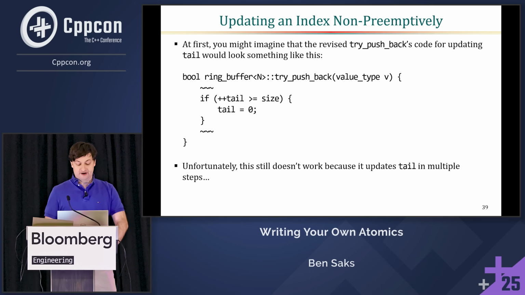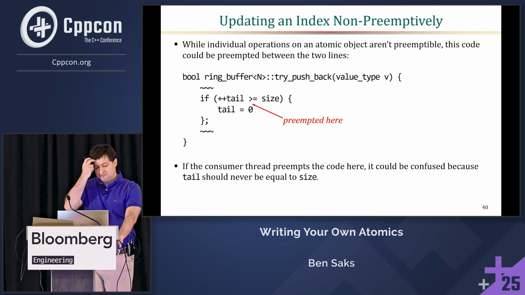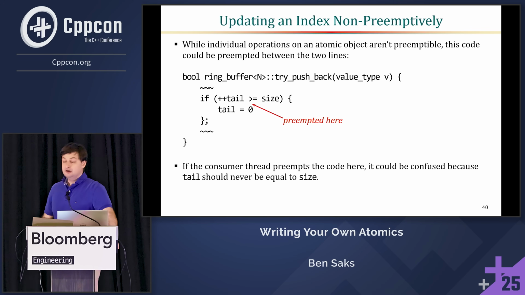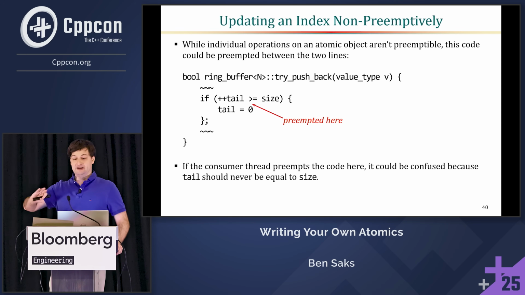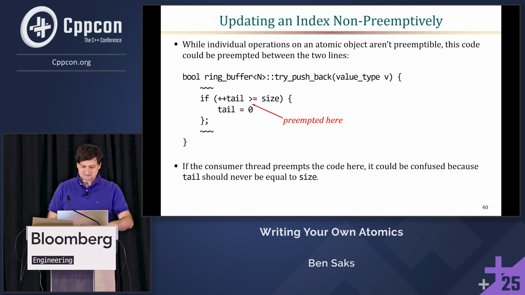It tries to increment the tail and then check to see if we've gone out of bounds and set it back to 0. But because that's actually performing multiple operations on tail, that's not going to work correctly. That's true even if I've implemented my atomic type correctly, and we'll talk about how to do that a little bit later on, but for right now, let's just assume I've got that taken care of.